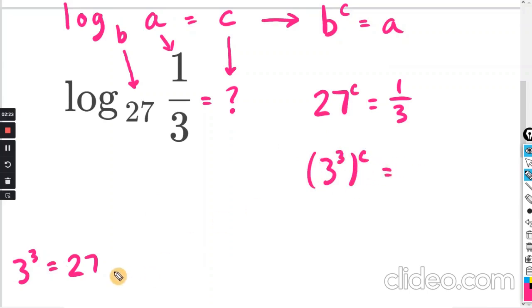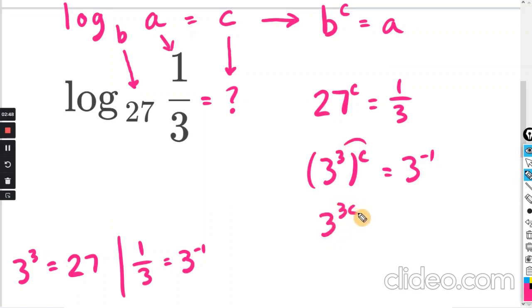And also, as far as 1/3, I know that's the same as 3 to the -1. All right, the negative exponent makes you take the reciprocal. So in place of 1/3, I'm going to write 3 to the -1. All right, when you have something with an exponent raised to another exponent, you just multiply. So this is 3 to the power of 3C, and that equals 3 to the -1.